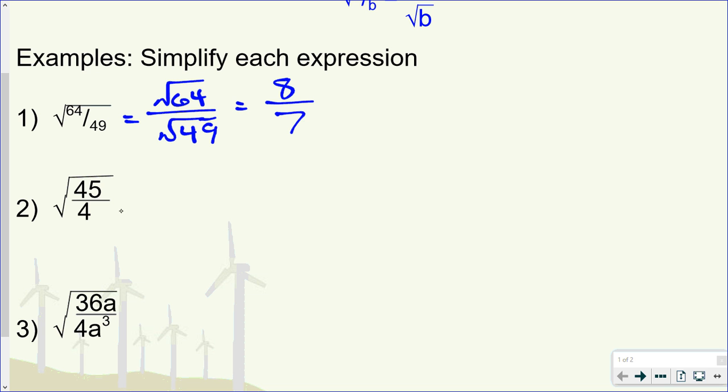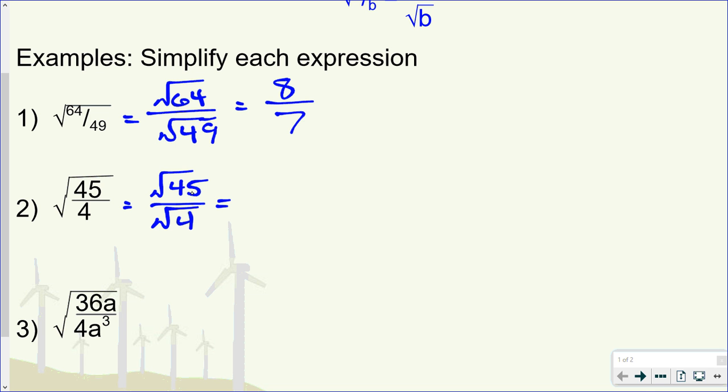All right, so let's look at this. So I have the square root of 45 and the square root of 4. Now, 45 is not a perfect square, but hopefully you've watched my first lesson on radicals, if not, I'll put a link to it. It shows how to break this up in order to get a perfect square, in order to get a number out of this.